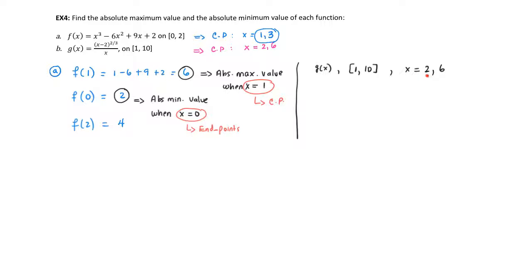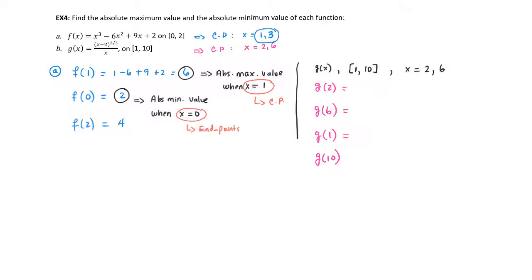Now both 2 and 6 lie in the interval from 1 to 10. So that means that we have to go ahead and consider g of 2. We will compute g of 6, and then g at the endpoints, g of 1 and g of 10.